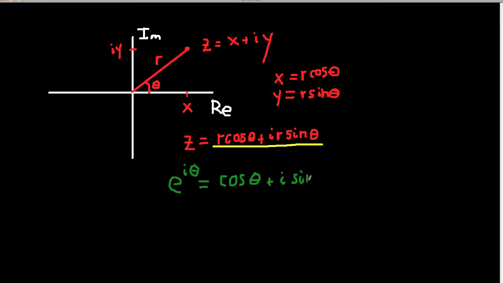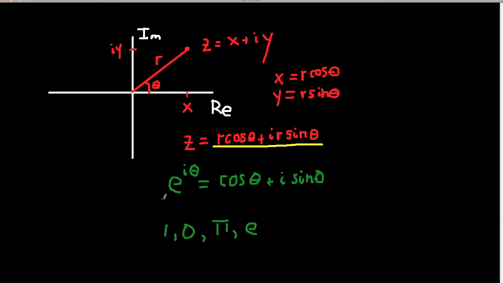Now the number e is an irrational number, and it's an extremely important number. In mathematics, e is as important as 1 or 0 or pi. Remember, pi is an irrational number, and e is also an irrational number, and it has a very particular value. It's irrational, so it can't be written as a fraction, and e to the i theta is equal to cosine theta plus i sine theta.